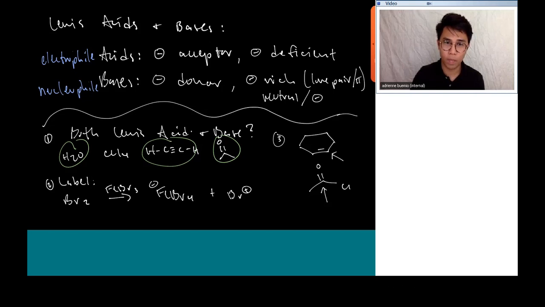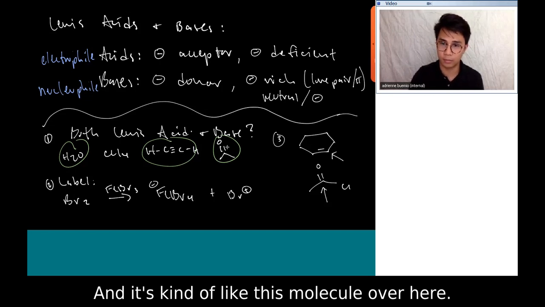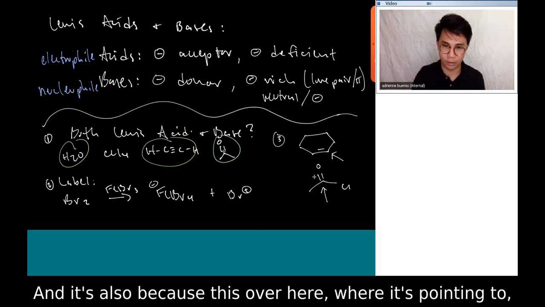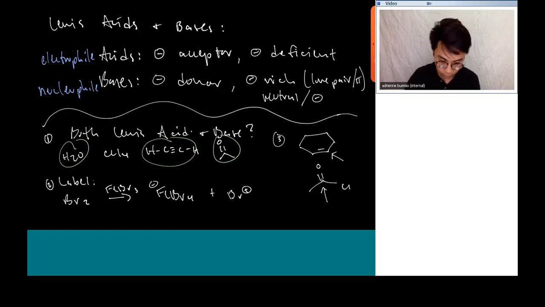Okay, and over here, it has the electron-rich site, and it's kind of like this molecule over here, I guess. Now that I pointed that out, then we'll know what this is. It's also because this, where it's pointing to, is electrophilic, right? So I'll put E here, E here.